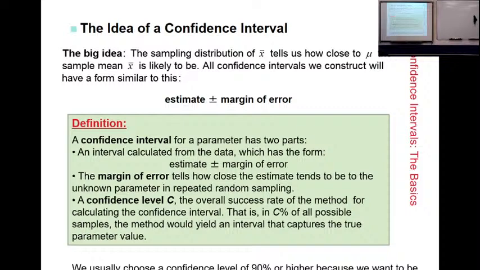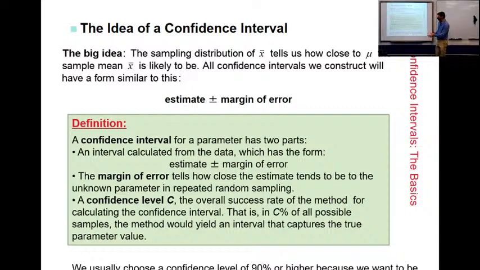And that number is going to be a percentage. And so last slide, it looked at the idea behind a 95% confidence interval, which is actually what we're going to be making most of the time. Most of the time, we're going to be using 95%.